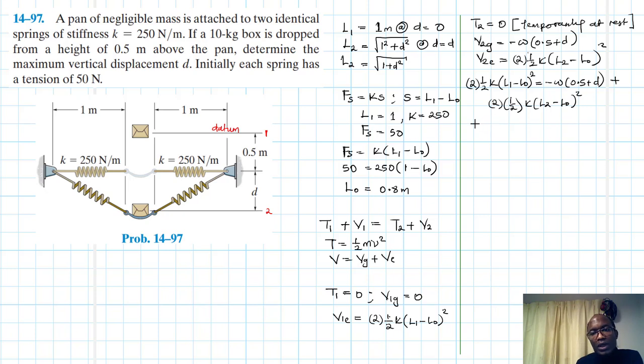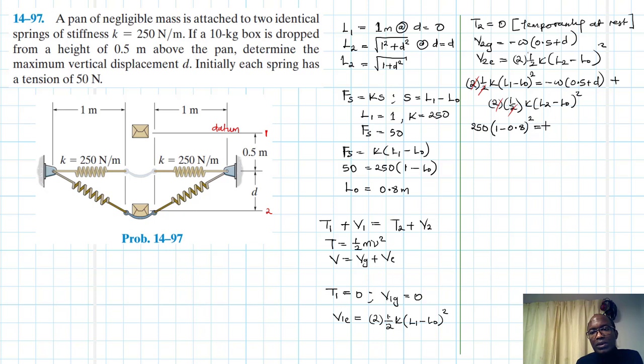So what do we have? Of course, the halves and the 2s cancel, and we are only going to have 250 times L1, which is 1 minus 0.8 squared.